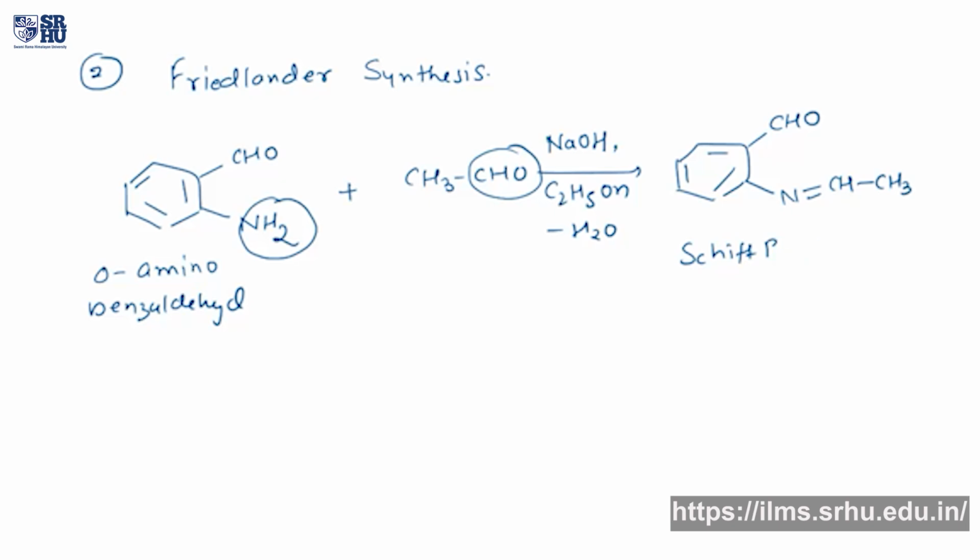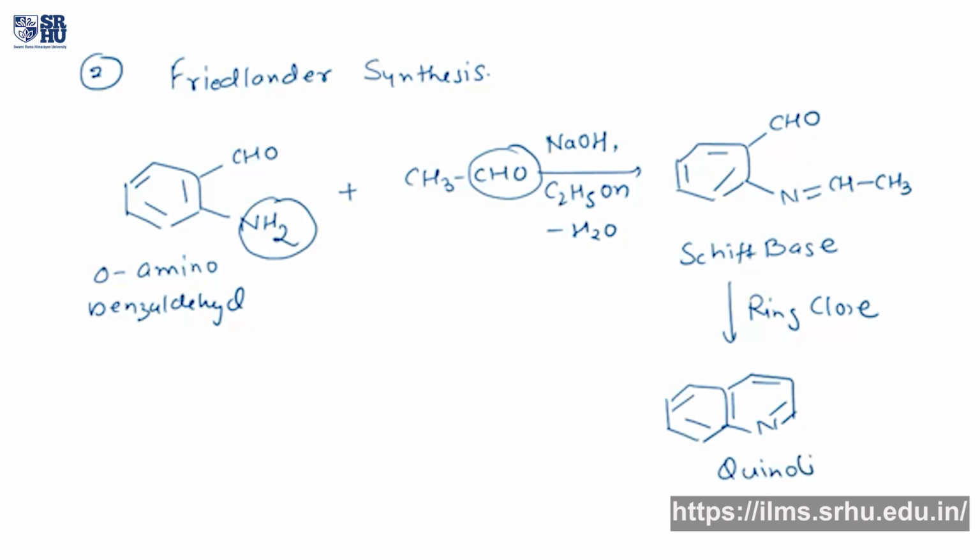After the formation of the Schiff base, there will be ring closure, and due to ring closure, quinoline is formed. So this one is Friedlander synthesis.